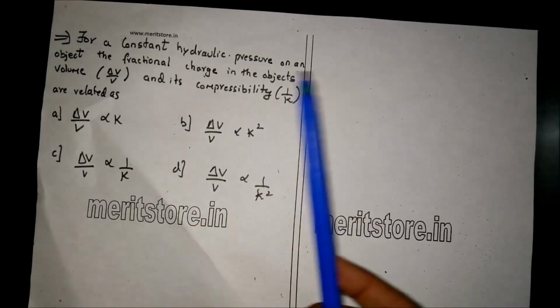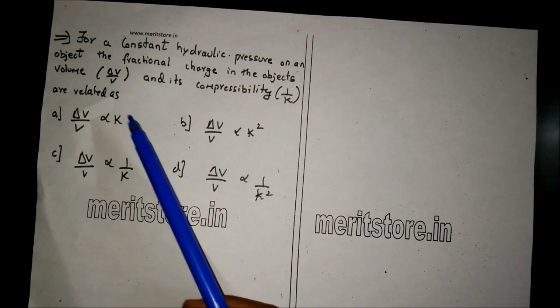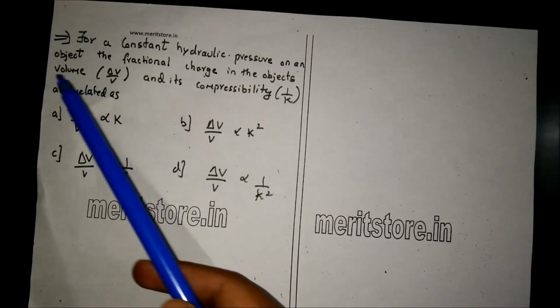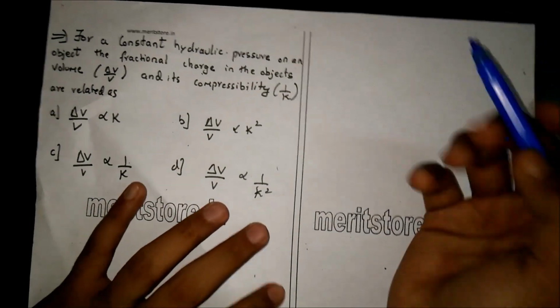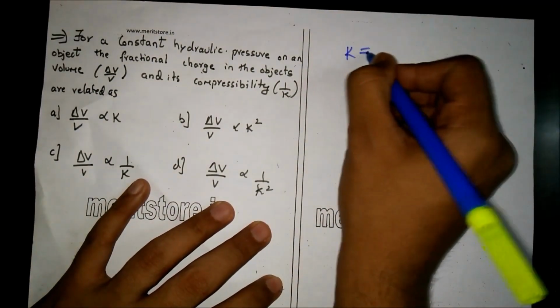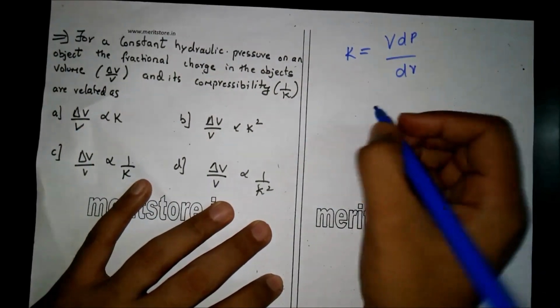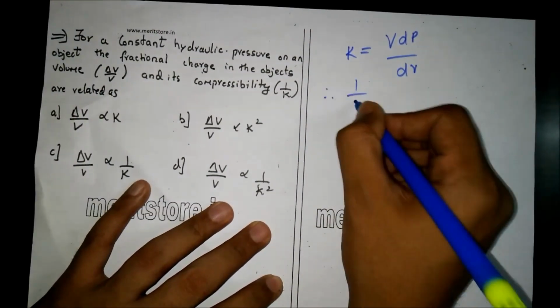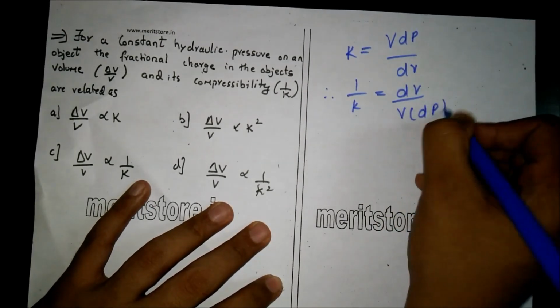For constant hydraulic pressure on an object, the fractional change in the object's volume delta V upon V and its compressibility 1 by K are related as, here are the options. Now the bulk modulus K is given by K is equal to V dP upon dV numerically. Therefore, 1 by K will be equal to dV upon V into dP.